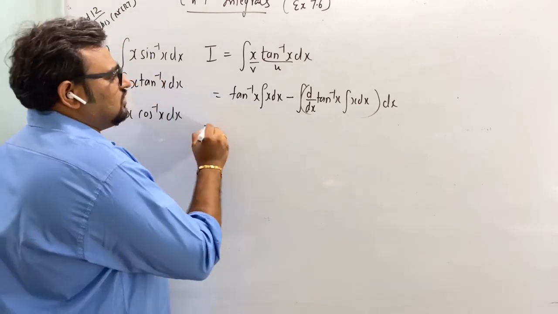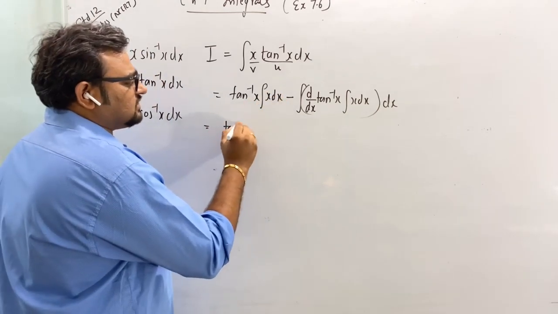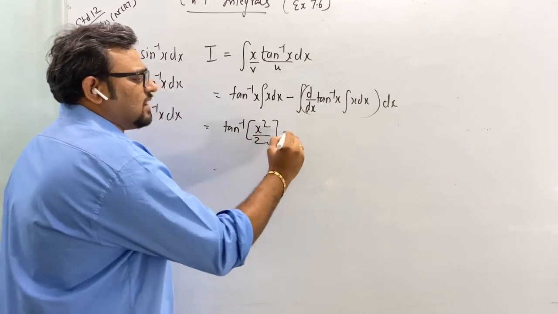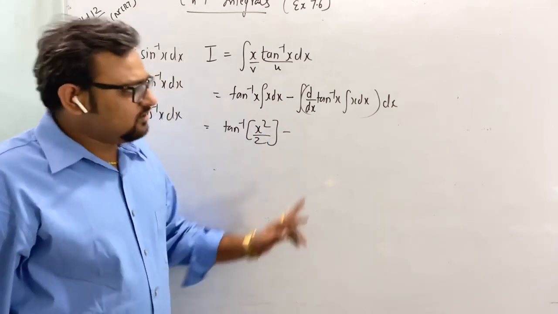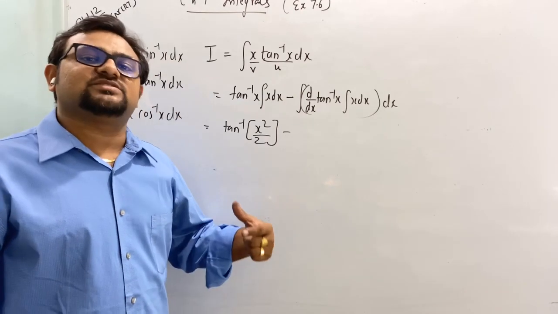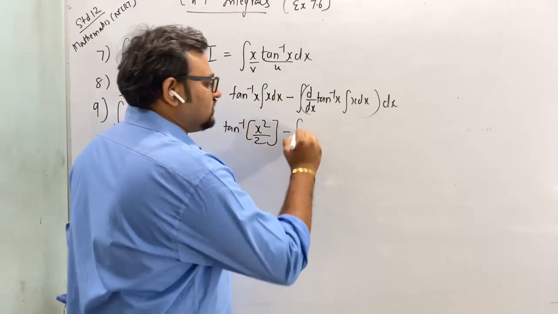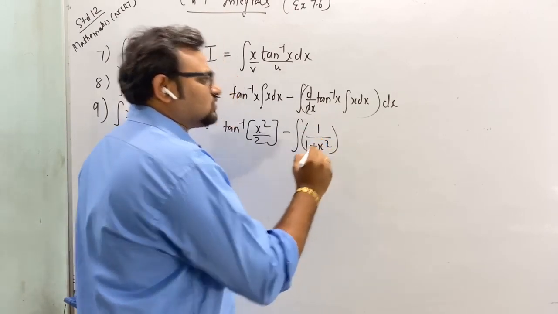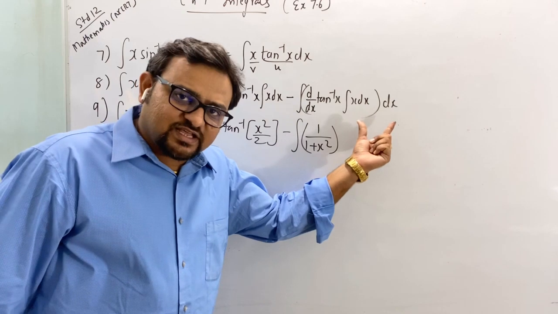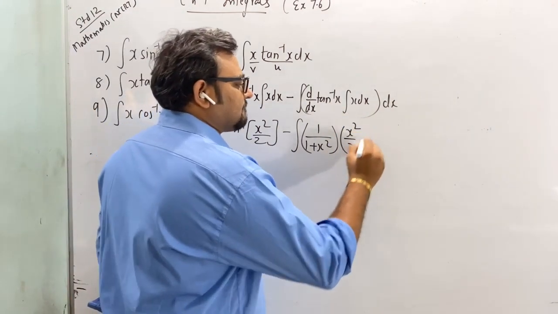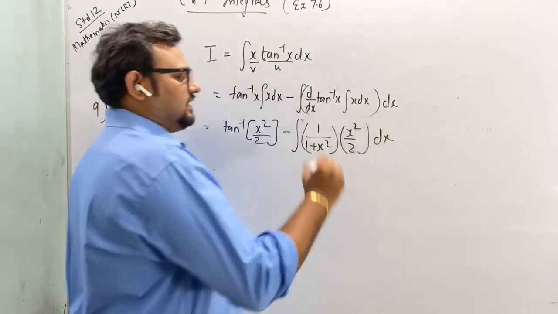So now tan inverse x, integration of x is x raised to 1 plus 1, 2 by 2. Clear? Derivative of tan inverse x is 1 upon 1 plus x square. So integration of x dx, x square by 2, dx.